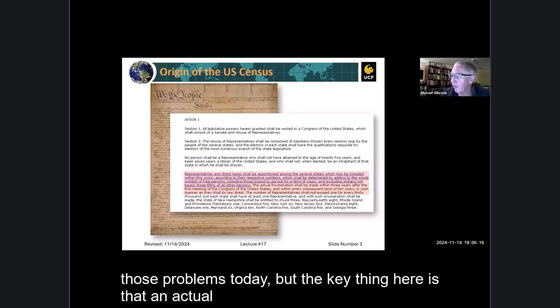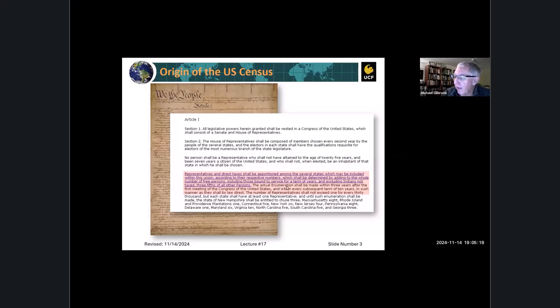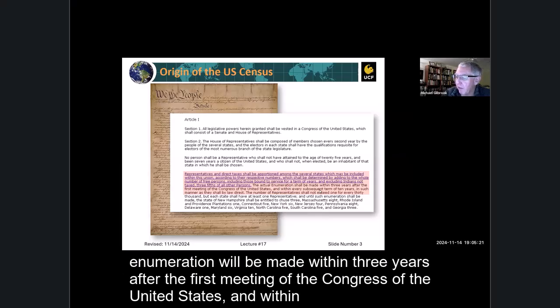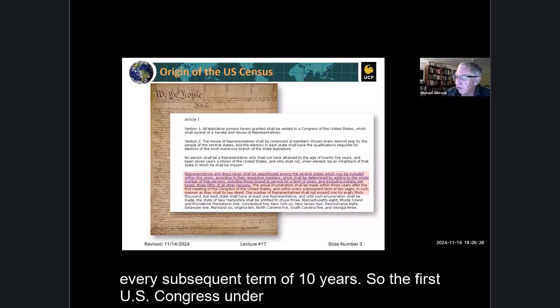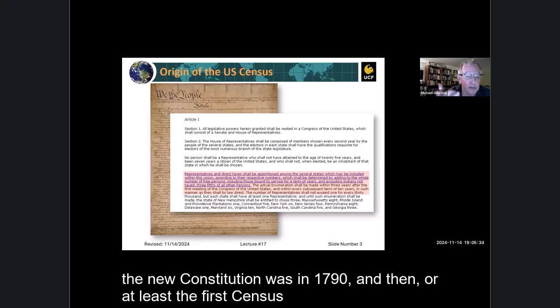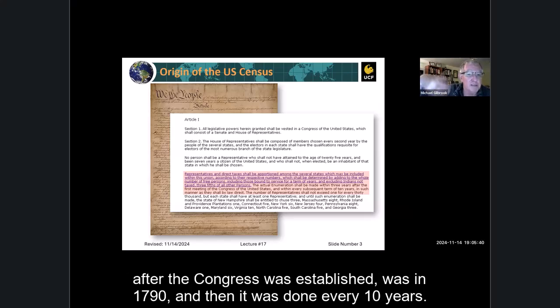But the key thing here is that an actual enumeration will be made within 3 years after the first meeting of the Congress of the United States, and within every subsequent term of 10 years. So the first U.S. Congress under the new Constitution was in 1790, or at least the first census after the Congress was established was in 1790, and then it was done every 10 years.